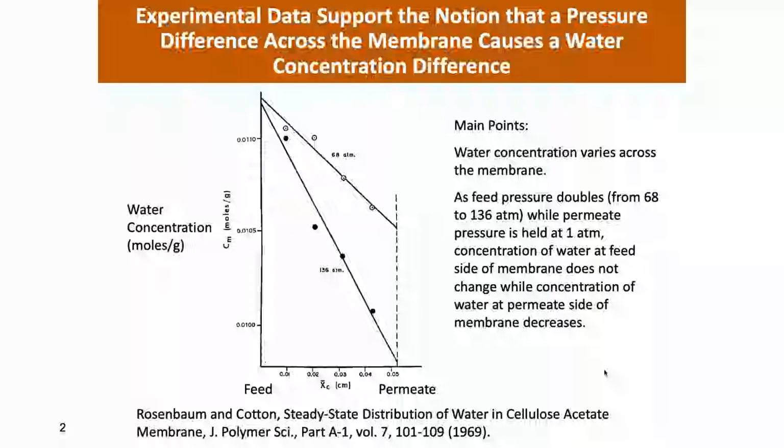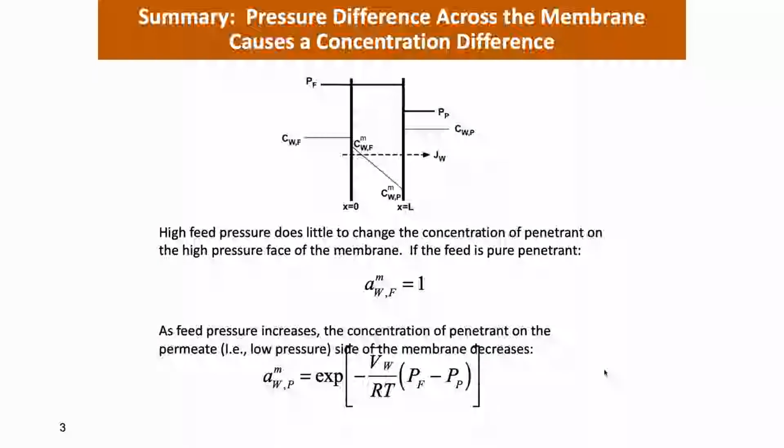Now, getting to that point through the thermodynamic analysis requires a number of steps, but what we ultimately came up to was that for pure water or pure solvent transport through the polymer, the thermodynamic activity of water on the feed side was essentially equal to 1. It doesn't change with pressure, and the water or solvent activity on the downstream side of the membrane depended on the exponential of the molar volume of water times the difference between the feed and permeate pressure.